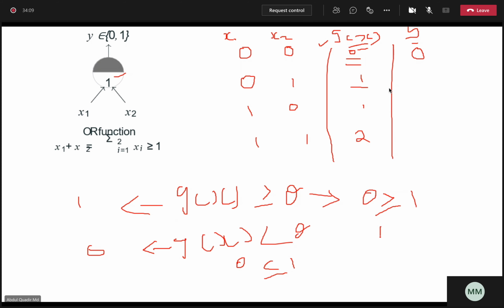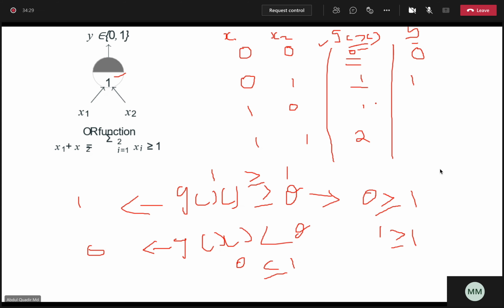Then 1. Is 1 greater than or equal to 1? G of x greater than or equal to theta, where the threshold is 1. Yes or no, students? Yes, sir. So it will fire 1.